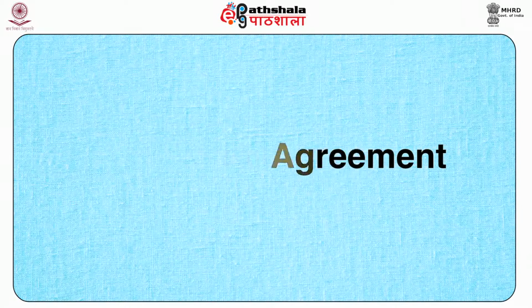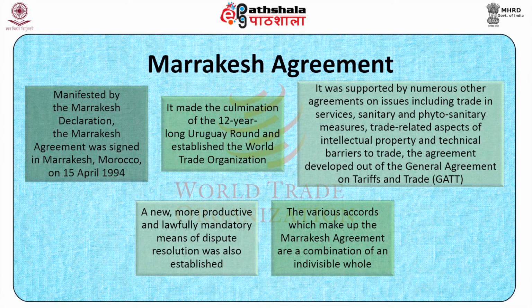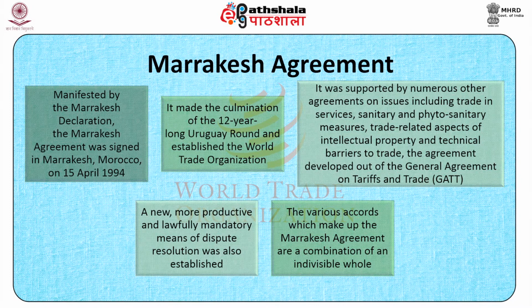Marrakesh Agreement. Manifested by the Marrakesh Declaration, the Marrakesh Agreement was signed in Marrakesh, Morocco on 15th April 1994. It marked the culmination of the 12-year-long Uruguay Round and established the World Trade Organization.